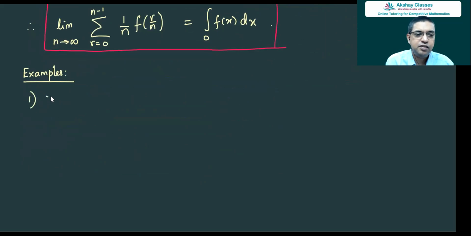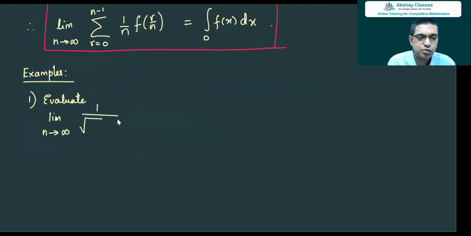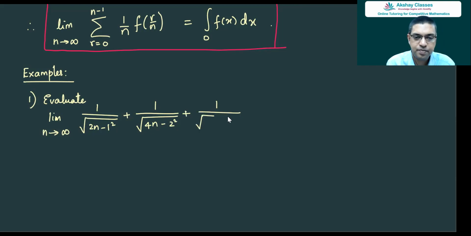Let's take examples. Okay, evaluate limit n tends to infinity, 1 upon under root 2n minus 1 square plus 1 upon under root 4n minus 2 square plus 1 upon under root 6n minus 3 square, and so on.